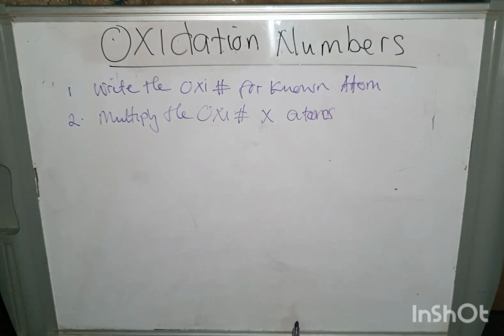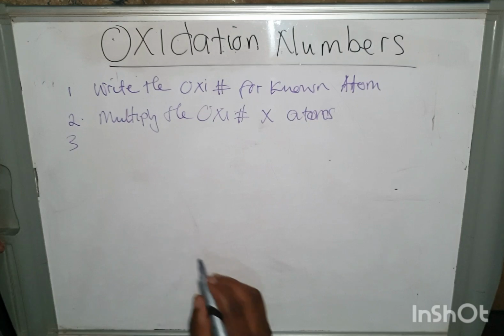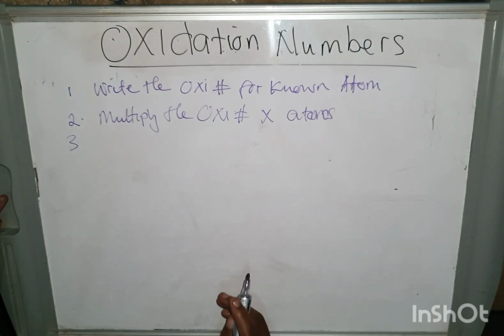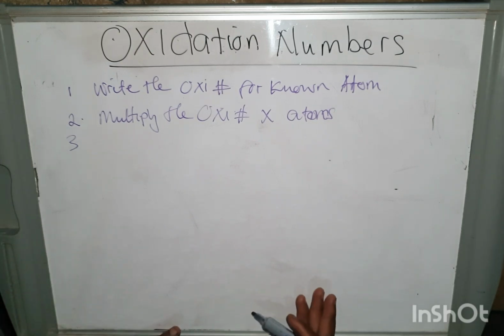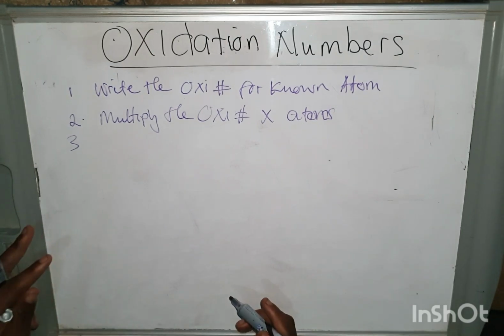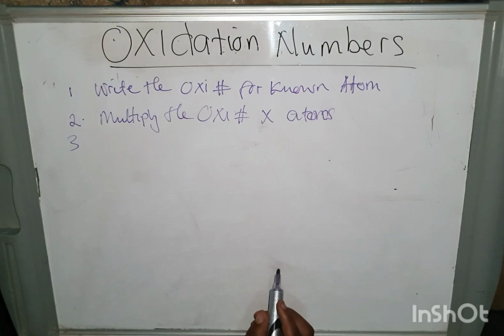Then the last step, you write the expression which will be equated to the charge of that molecule or compound, which is mostly equal to zero, but that's not the case for polyatomic ions.